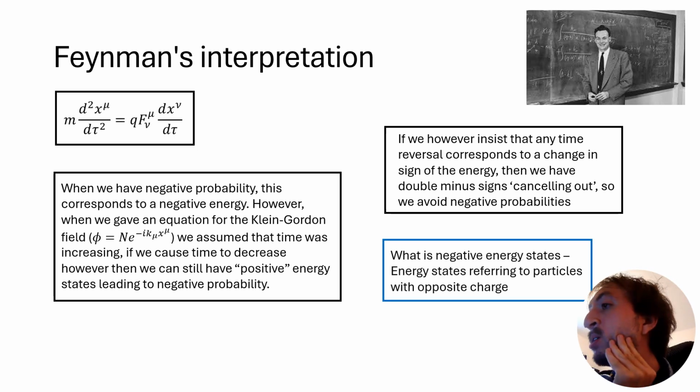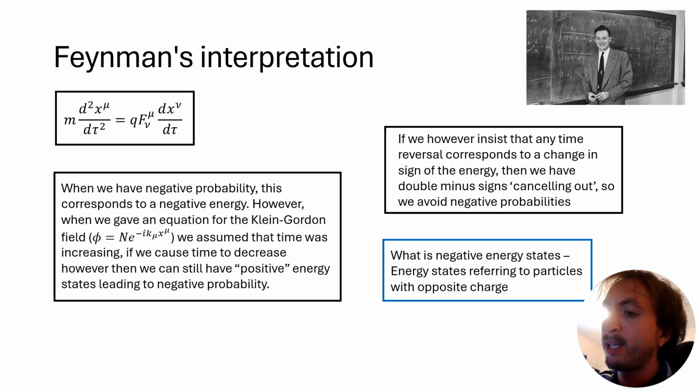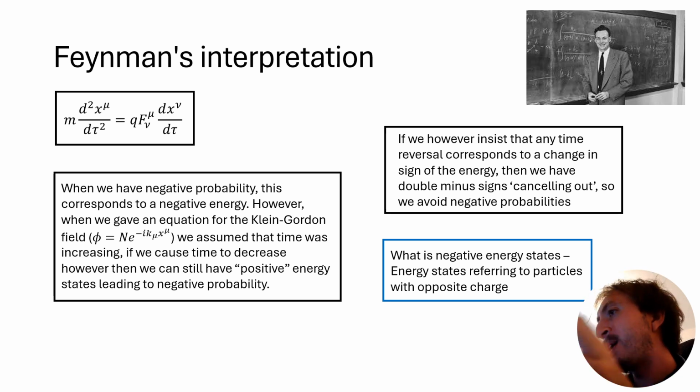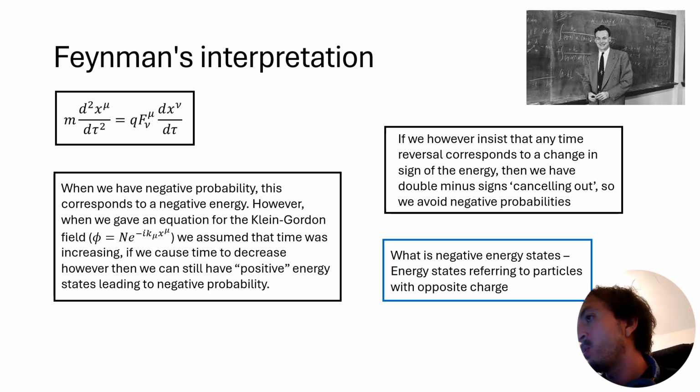And a way to actually get a particle to be in some sense time reversed is to essentially just flip its charge. And you can think of that if you think of field lines, because field lines are used to describe whether something is positively or negatively charged.